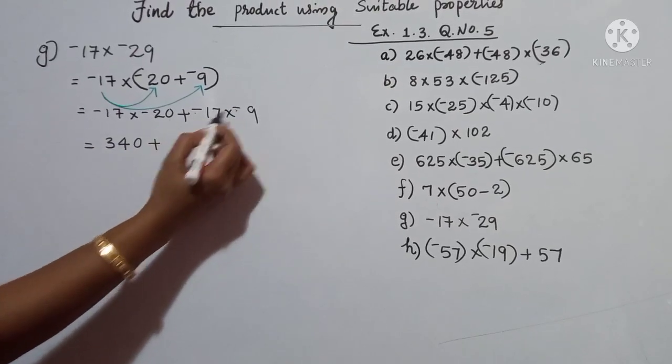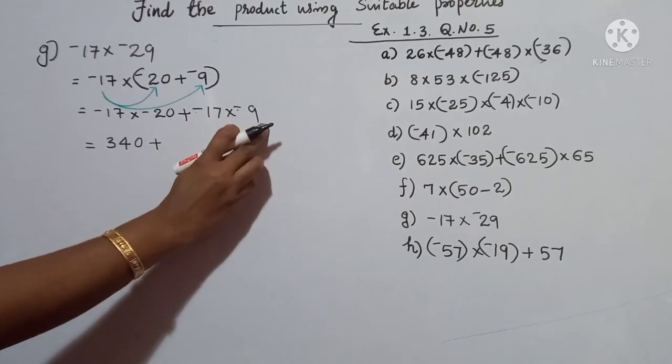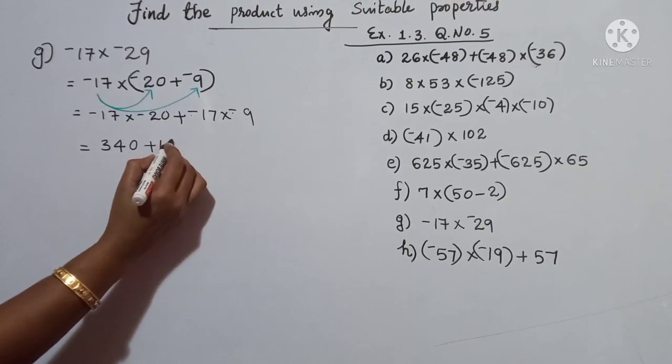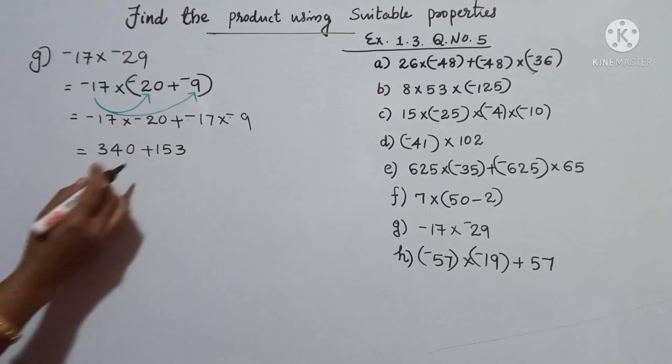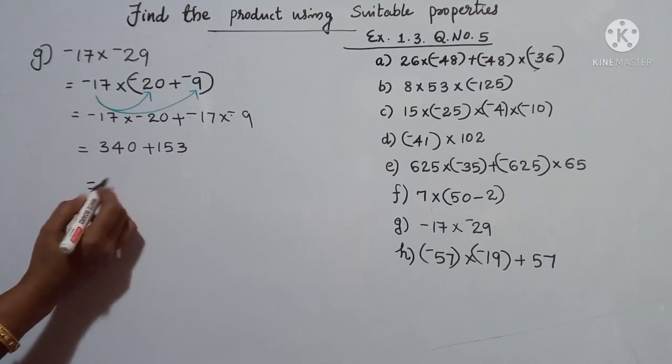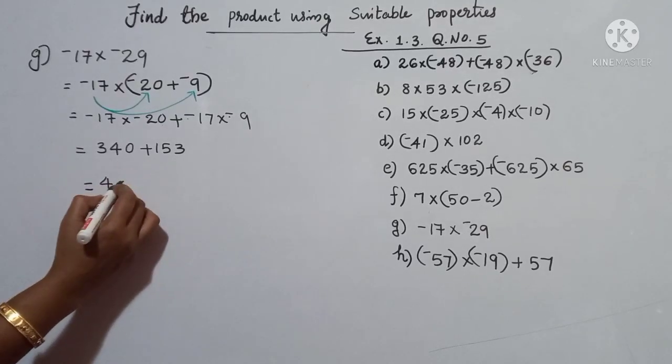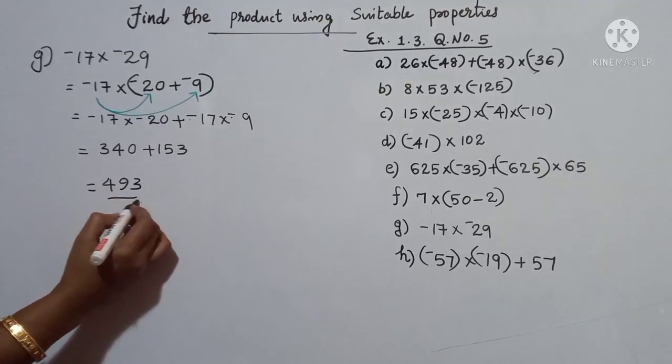Here also both are negative, so the answer will be positive. 17 into 9 is 153. Then next is add these two, 493. This is the answer.